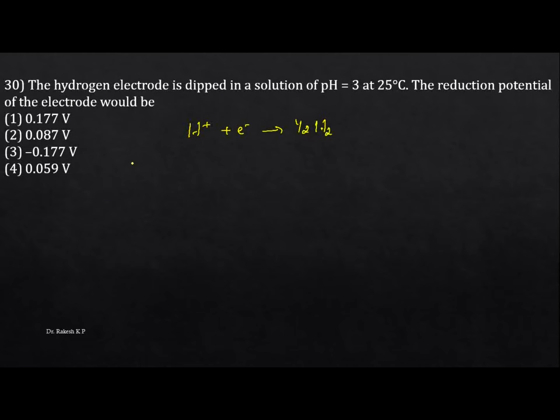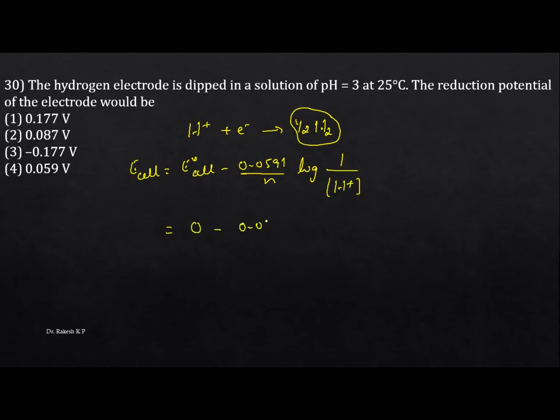Now see the equation here, that is E cell is equal to E naught cell minus 0.0591 divided by n into log concentration of the product. Because it is a gas, I am going to take its value as 1. By the reactant we are having a concentration of H plus. So E naught cell for the hydrogen electrode is 0.059 divided by n, n stands for the number of electrons, that will be 1.